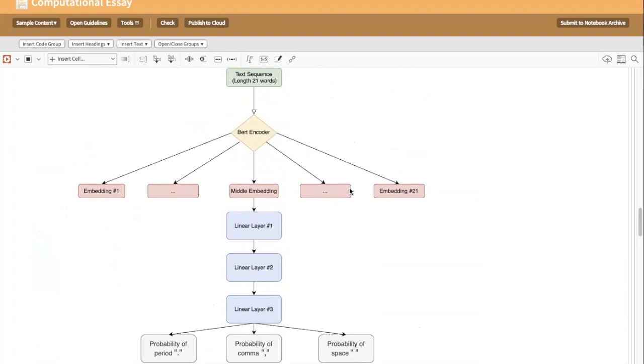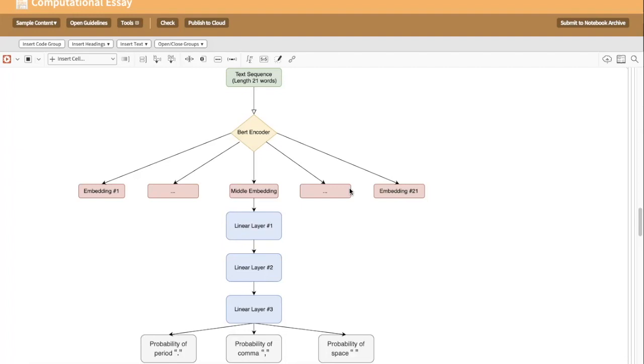Yeah, so here the text sequence length is fixed at 21 words. So it gives its prediction on the middle word, but also looks at the previous 10 words and the 10 words after it. So it still takes context, but uses that context to give a single prediction for that center word.